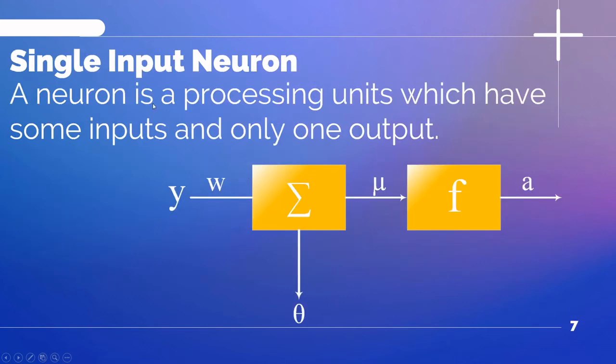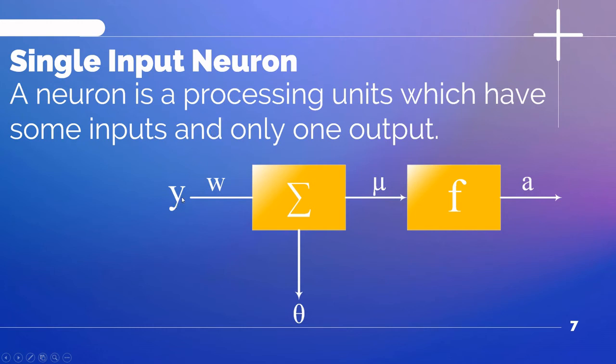So here we understand practically with the help of a single neuron, not multiple data points but only one data point, and how we perform this procedure. A neuron is a processing unit which has some inputs and only one output.